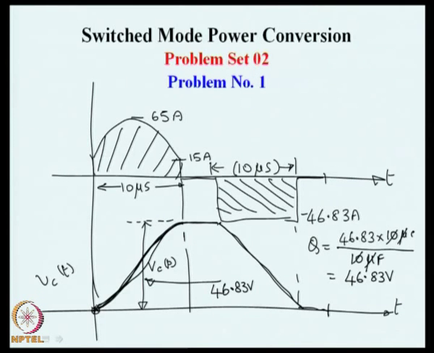But this pickup in voltage is the same as the drop in voltage here. So, 46.83 volts is the peak voltage that is obtained across the capacitor.